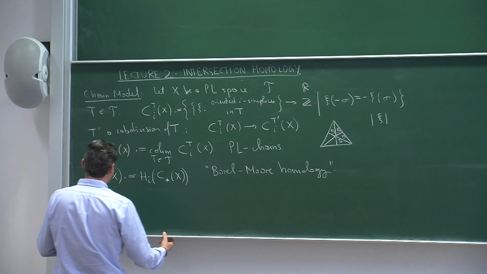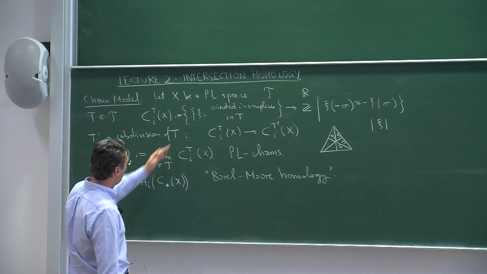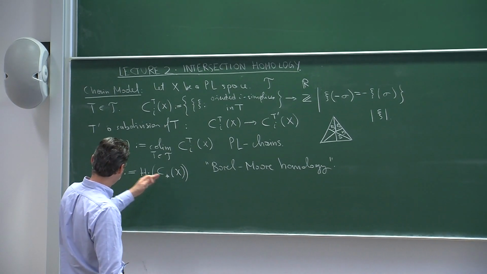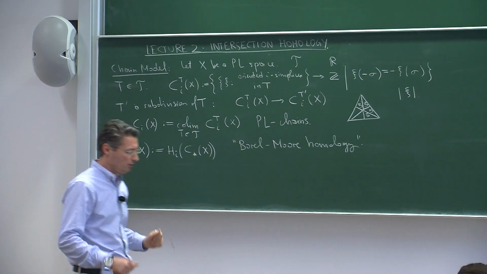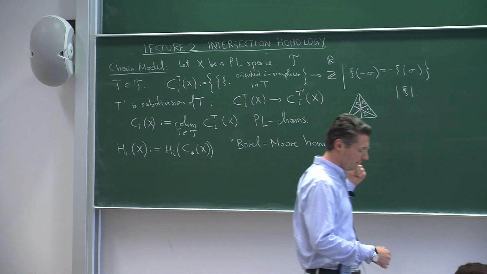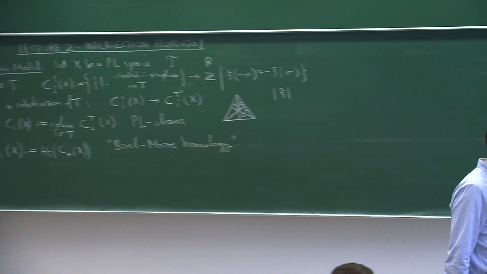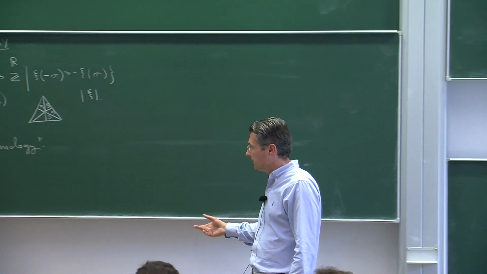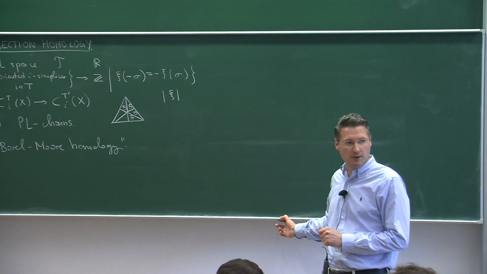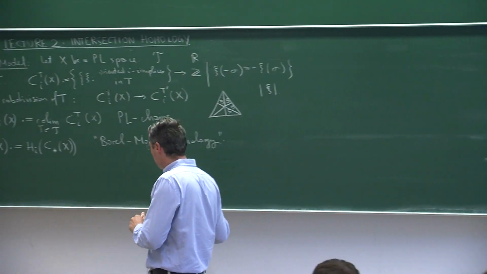Now, of course, you could use finite chains here as well, and then you would get the ordinary homology. And you have a choice. You can base intersection homology on the Borel-Moore homology, or on finite chains, and both have their particular applications.